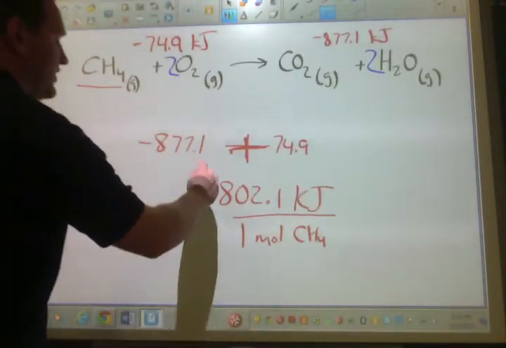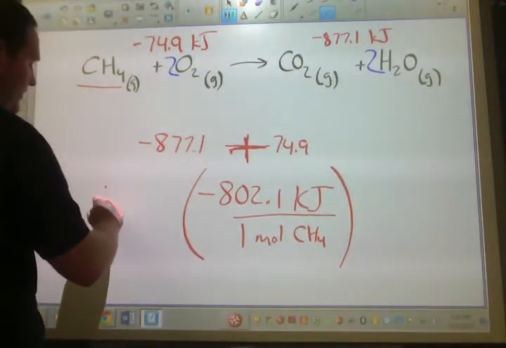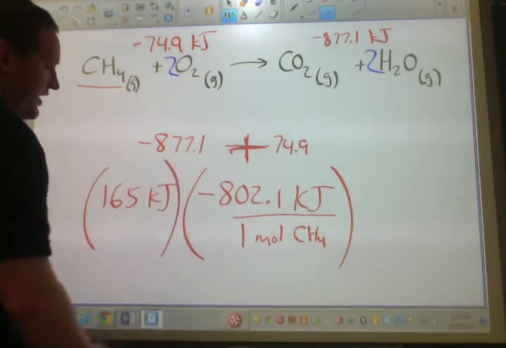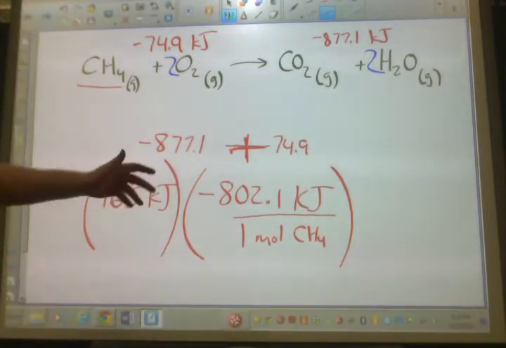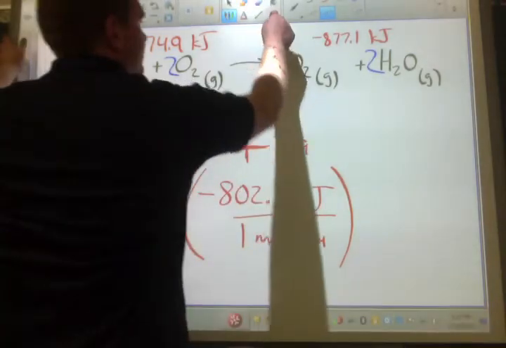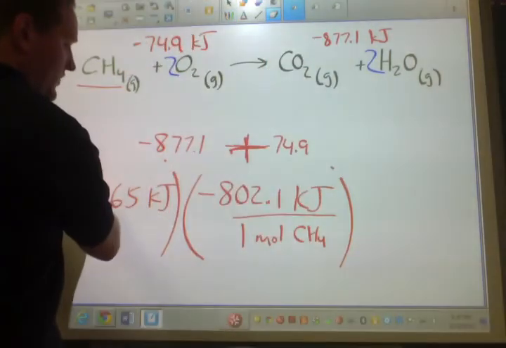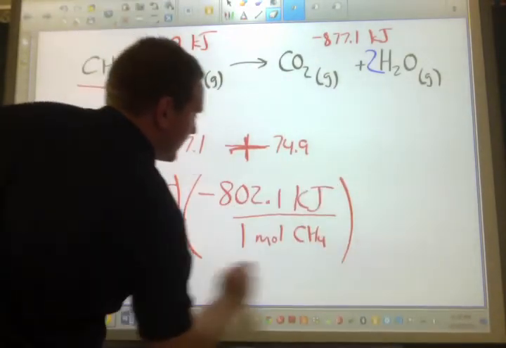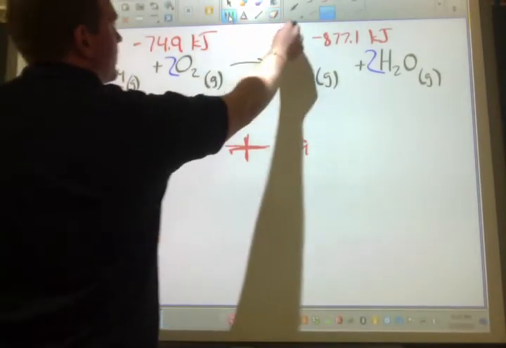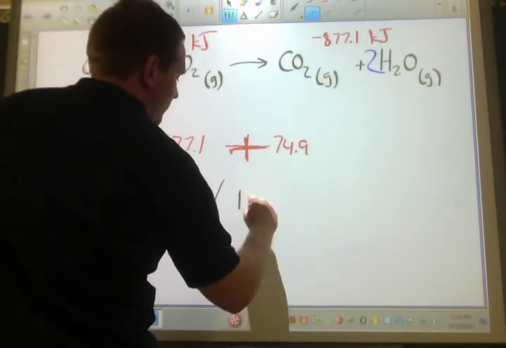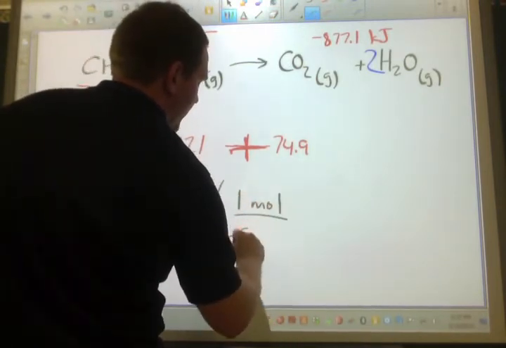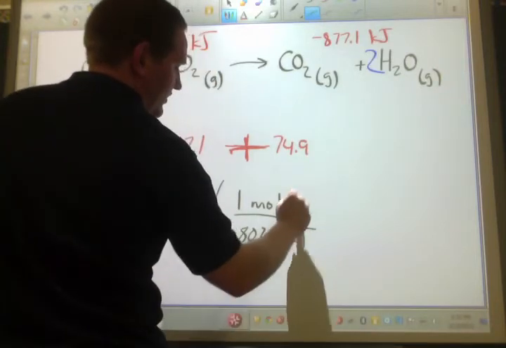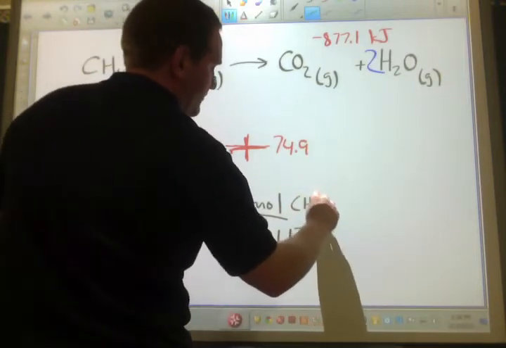So, the way I normally set this up is I start by writing the heat that I need, 165 kilojoules, times, unfortunately I'm going to flip that around. Negative 802.1, just so we don't forget. 1 mole over negative 802.1 kilojoules, and this is a mole of CH4.